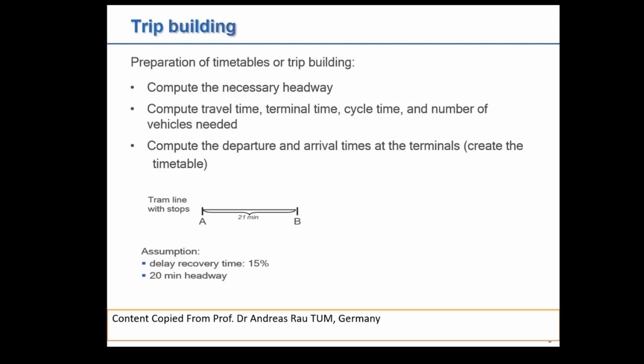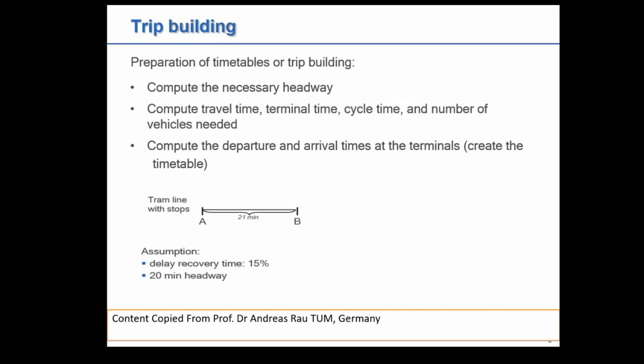According to the assumption, to understand the problem in more detail, we should consider a certain recovery time as well, because recovery time is assigned if there is a failure in the locomotive, in the engine, or if a tire bursts or is punctured, etc. And we have the total headway of 20 minutes.